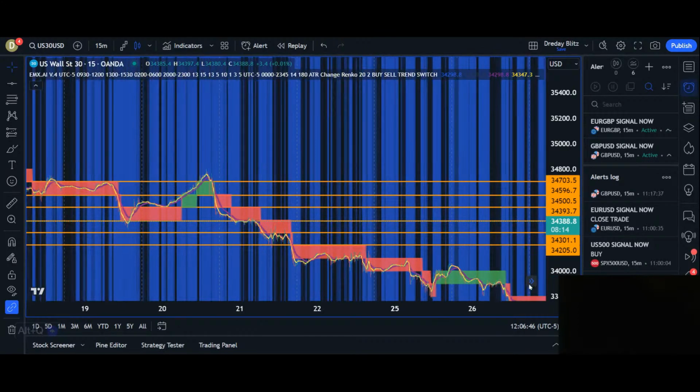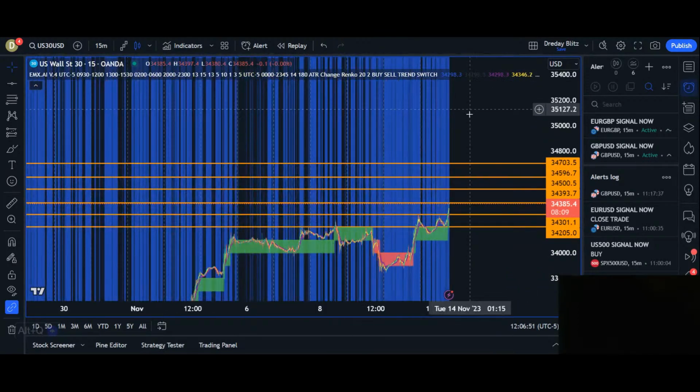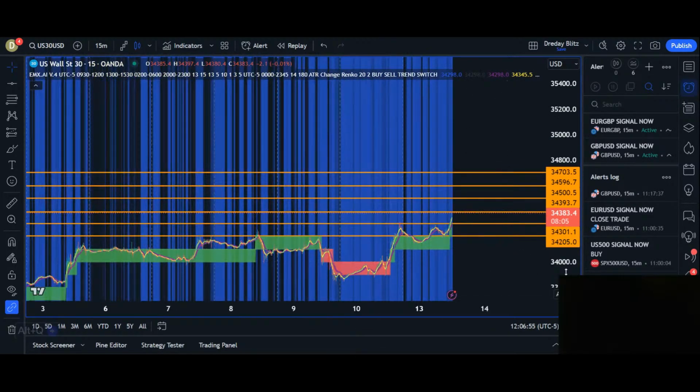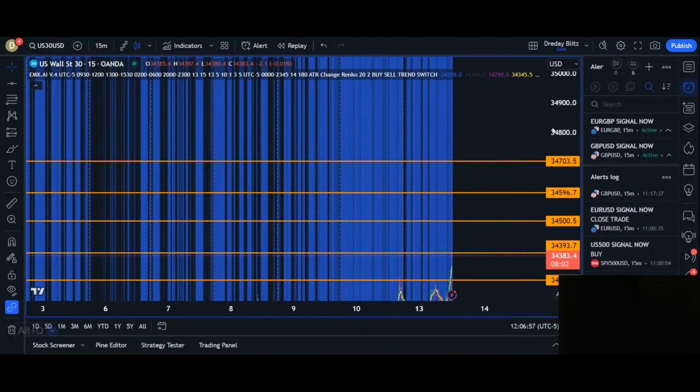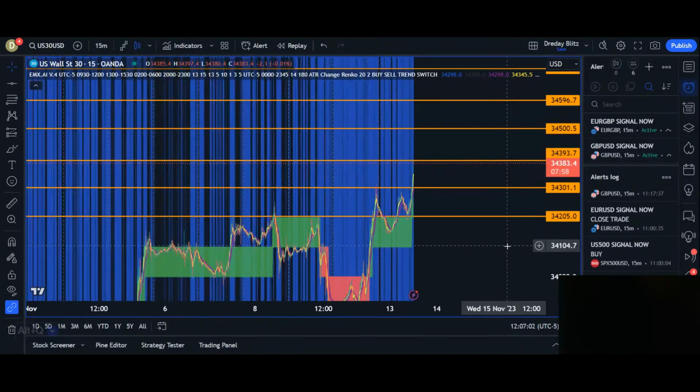Okay, so if we go back, boom. So this is the range we should expect the price to go.